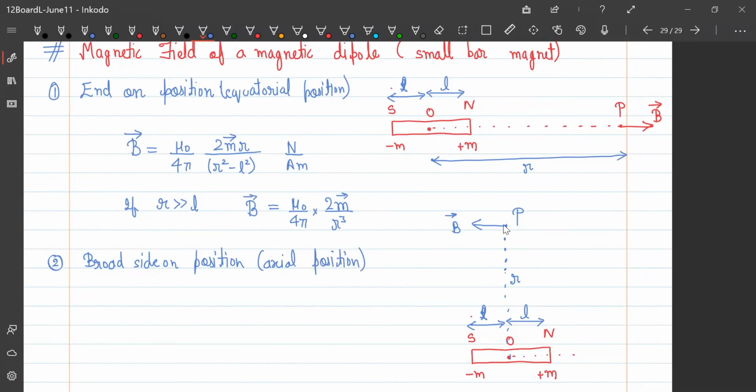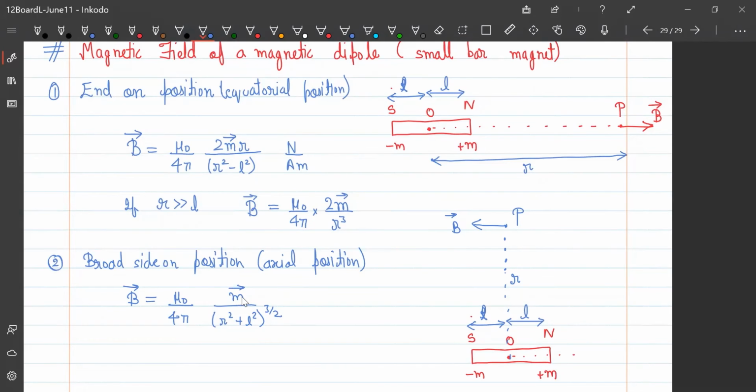Here, if you remember, the magnetic field from plus m will be away, from minus m will be towards, then the cos theta projection length, then 2 B cos theta comes. And then we do some calculation, just like we did in electric field. Let's just write the result directly: mu0 by 4 pi, m upon r square plus l square to the power 3 by 2.